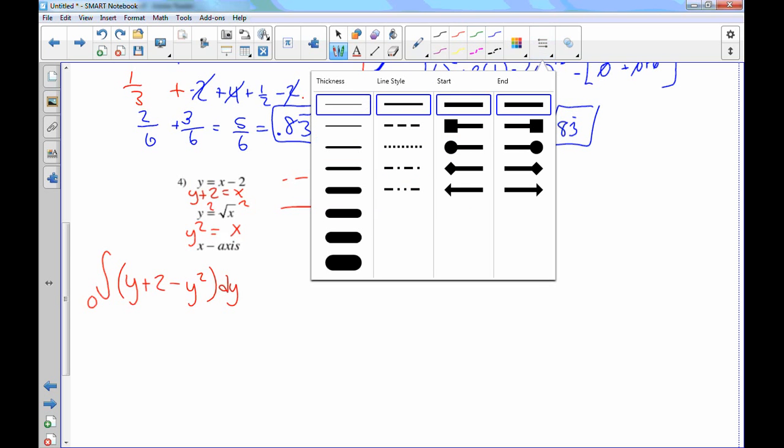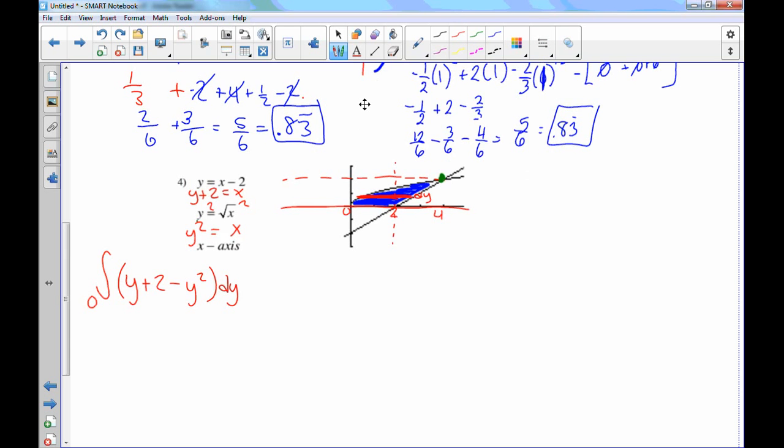We set the two equal to each other, right? You can do either one. I'm going to take the originals, square root of x equal, actually maybe the originals are more difficult because there's a square root, so I'm not going to do that one. I'm going to do y squared equals y plus 2.